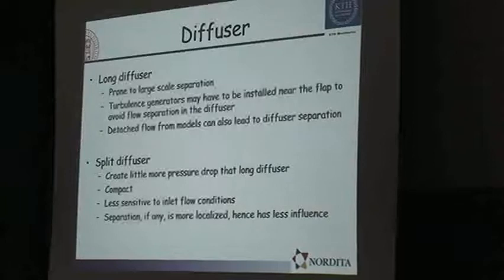With this, the diffuser is more compact, and the opening angle is going to be smaller, so it's going to be less sensitive to separation for the same dimensions. The drawback, of course, is that they generate a little more pressure drop, but they are less sensitive to the input conditions.